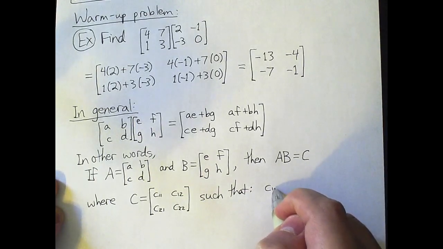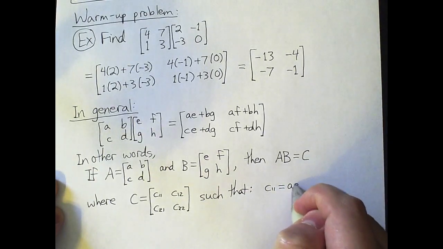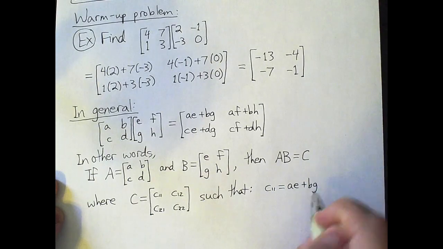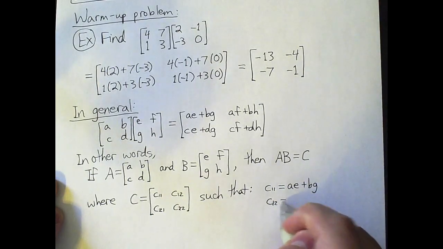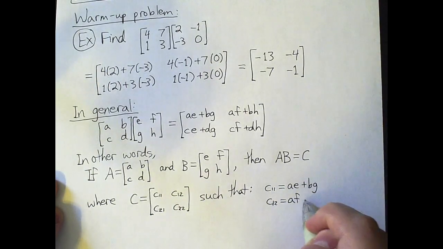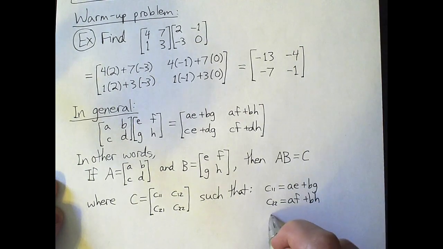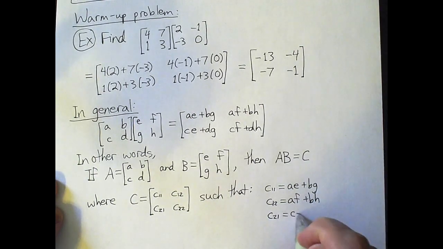We said above that c11 is AE plus BG. c12 equals AF plus BH. c21 is CE plus DG. And c22 was CF plus DH.